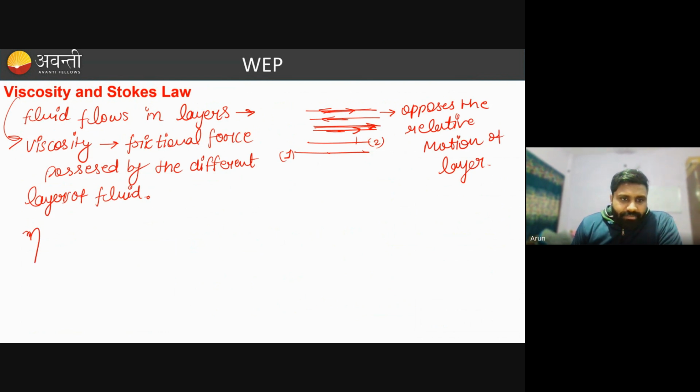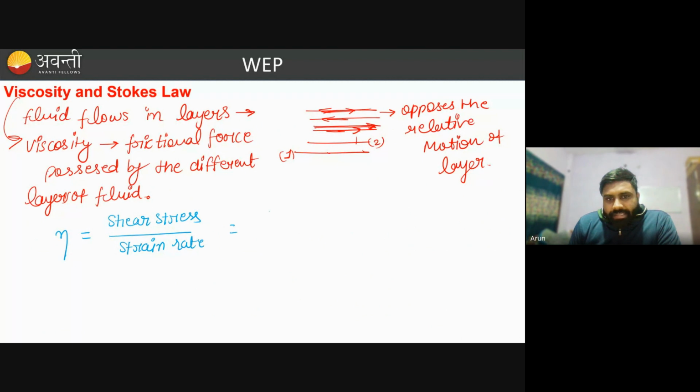Now, this is defined as coefficient of viscosity, given by eta. Let me change the color. So coefficient of viscosity is defined by eta, which is equal to the ratio of shear stress to the strain rate, not strain itself, strain rate of change of strain, and which is given by F upon A divided by V upon L, where V is the velocity and L is the length.